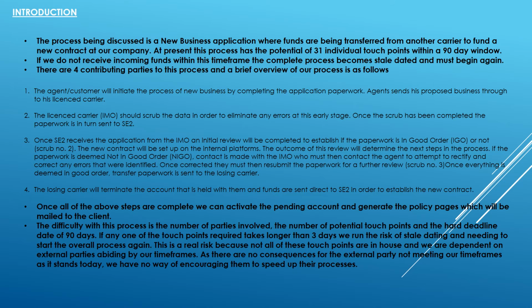If we look at our introduction slide here, the process that I decided to take a look at for this assignment was new business applications where funds are being transferred from another carrier. What this means is if a customer comes in and purchases a new product from Delaware Life, but they are not accompanying money with the application, such as a check or a bank transfer.